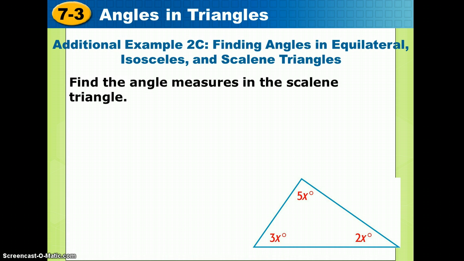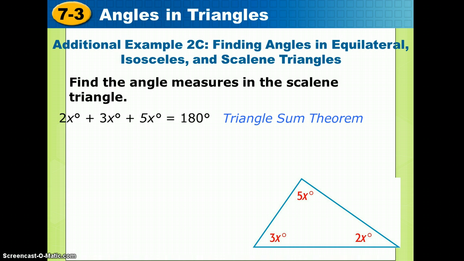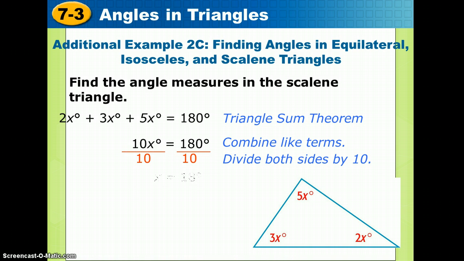So let's go ahead and do that. We know that 3x plus 5x plus 2x should equal 180. Combining like terms, we could call that 10x, because remember that 2x plus 3x plus 5 more x gives us 10x. Solving for x, we would divide both sides by 10, and we'd find out that x equals 18 degrees.